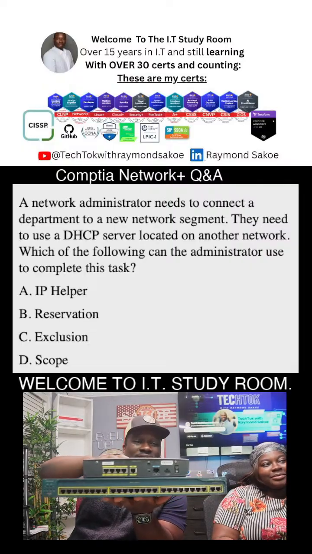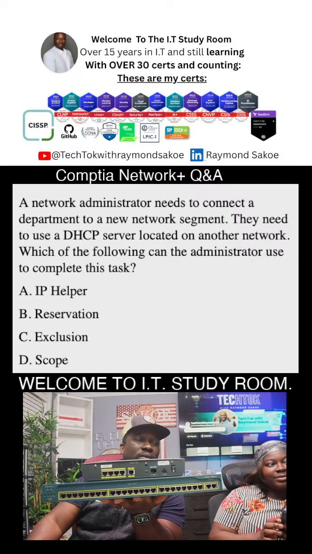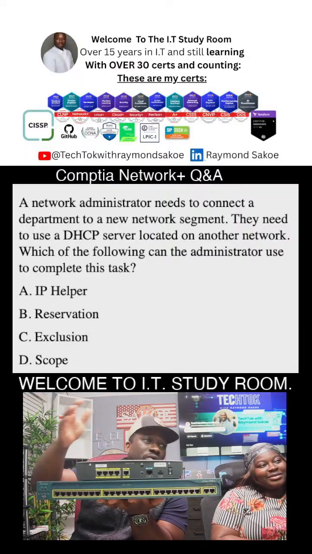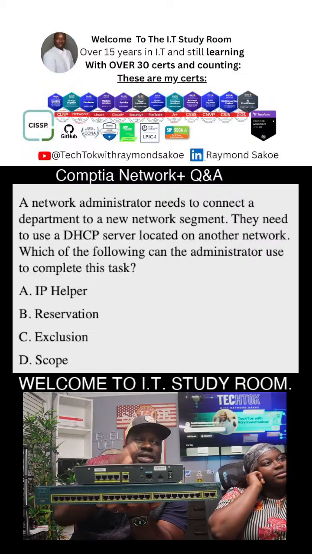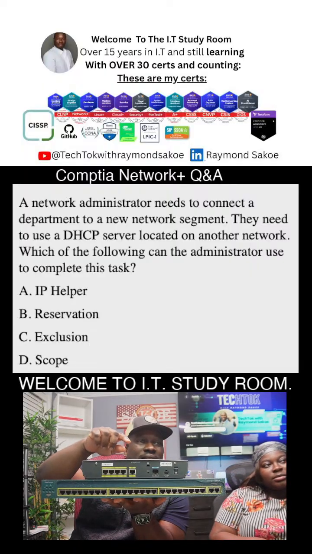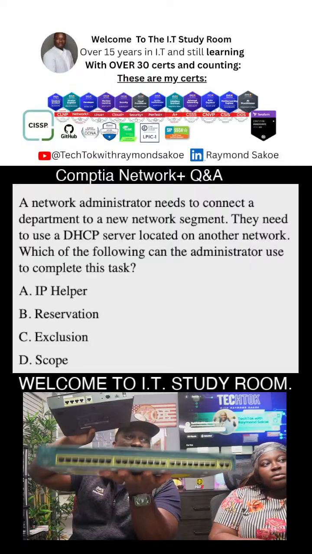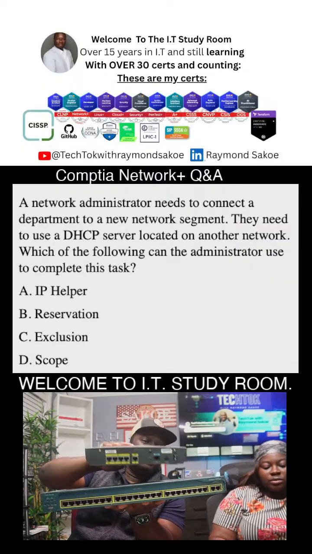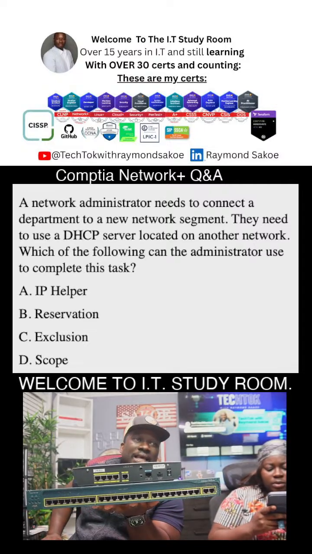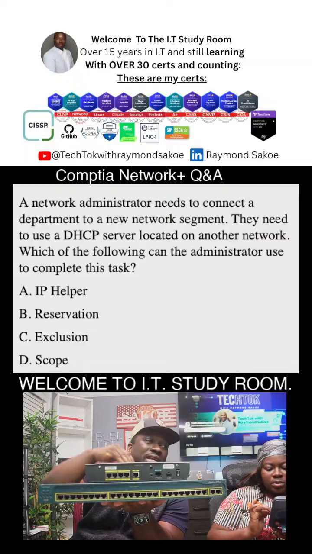So using VLANs or having multiple switches creates a new network. By default, having two switches will create two different networks. Now it's saying that they added a new network, but the DHCP server is on a different network, the old one. One thing you have to know about a switch is that it blocks any broadcast from going to the next network.